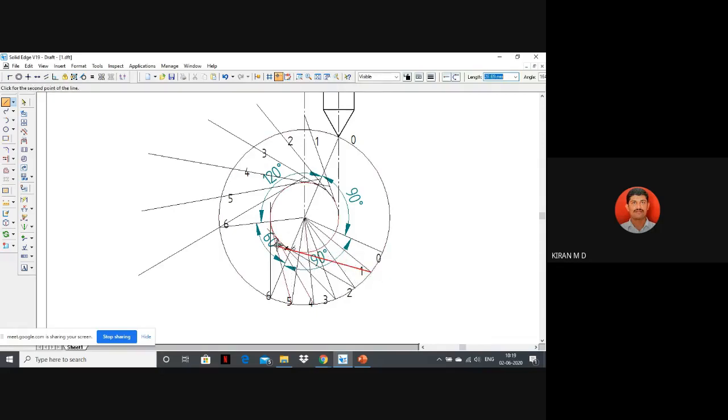From 1, tangent line. From 0 also, you have to draw the tangent line. Okay, so these lines are not necessary. When you are doing manually, just you can mark and you can do these lines.